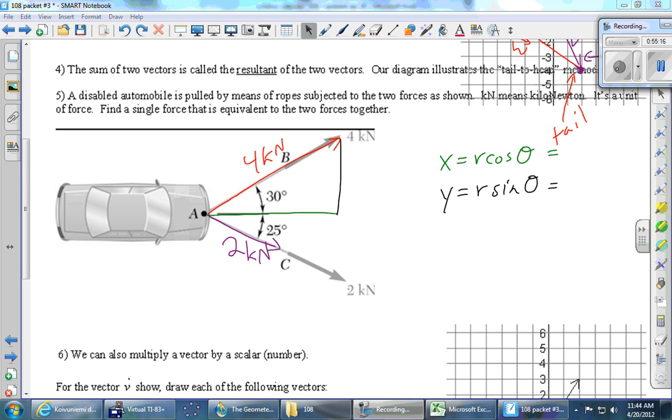All right, so we use these formulas, which we all know so well. This is the same as SOHCAHTOA, it's equivalent, but this is how physicists write it. So we go 4 cosine of 30 degrees, and then below it, 4 sine of 30 degrees. In fact, it's always those two formulas, because x is always r times the cosine of theta, and y is r times the sine of theta.